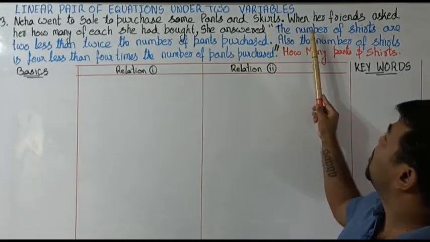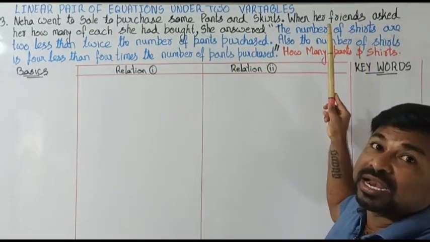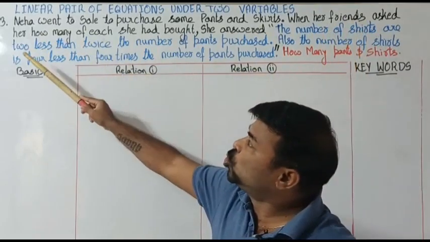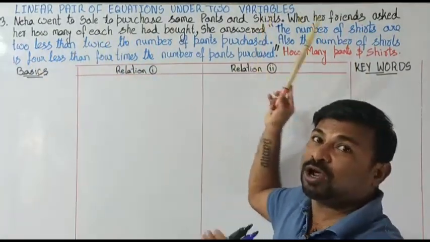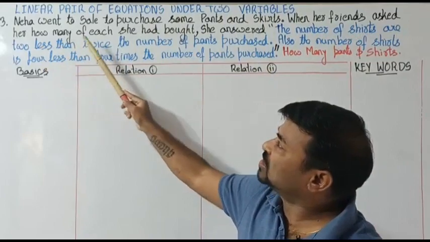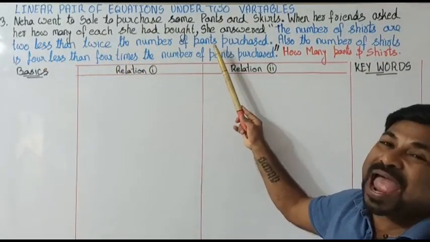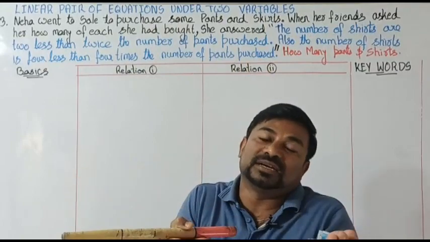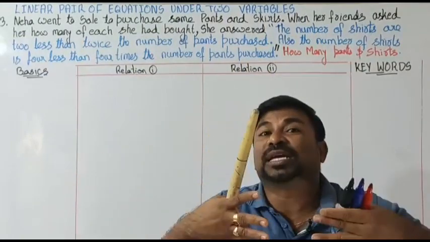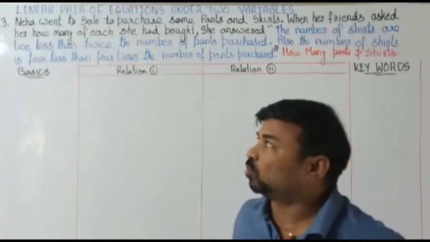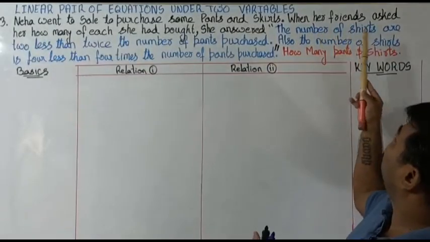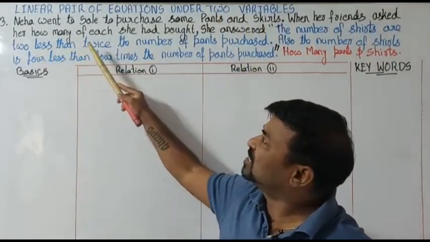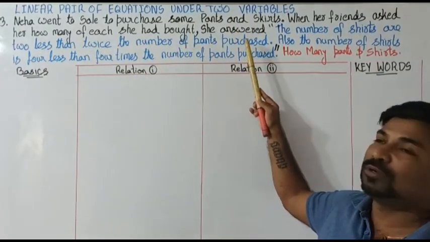She said, the number of skirts is 2 less than twice the number of pants purchased. She is setting the relation between pants and skirts using certain mathematical keywords, and we'll come back to that.